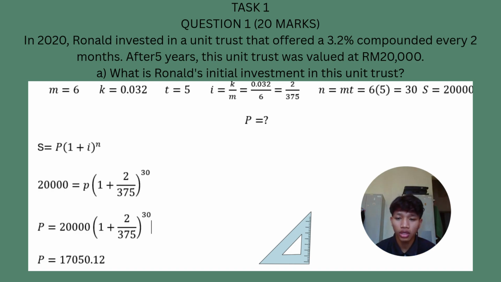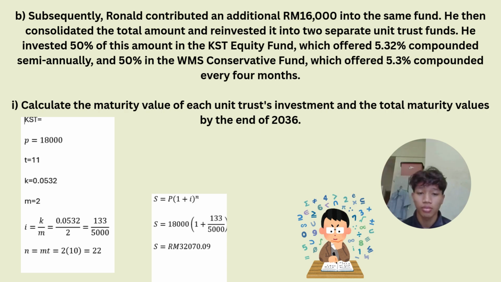P equals 20,000 divided by open bracket 1 plus 2 over 375, close bracket, to the power of 30. The total is P equals 17,050.12, which is Ronald's initial investment. Okay, we move to the next question.